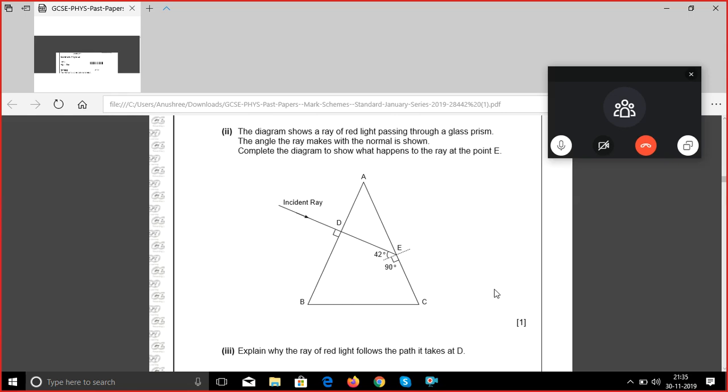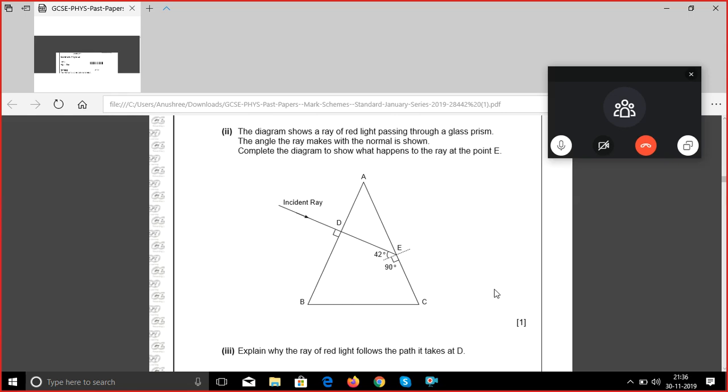Okay, so explain why the ray of red light follows the path it takes at D. So the path it takes at D, it's because the red light is refracted the least.